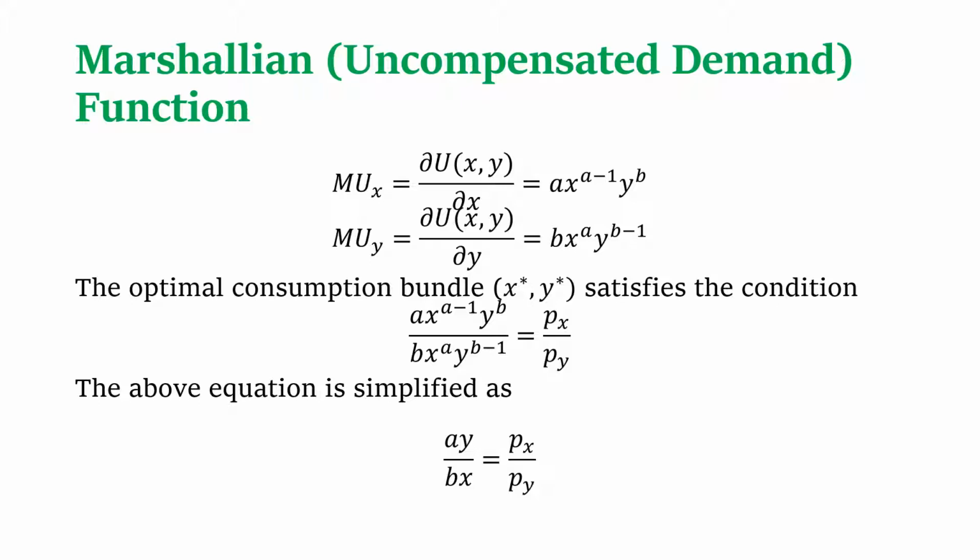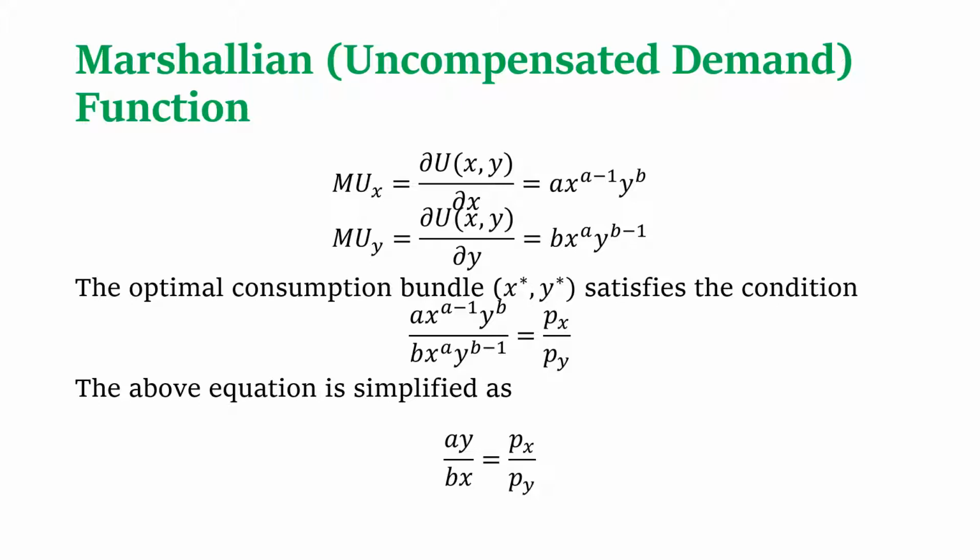Remember, in indices, a^x divided by a^y is a^(x-y). That is the rule. So we have x^(a-1-a). But a minus a just cancels, since a minus a is 0, and then we have x to the minus 1. But remember, x to the minus 1 means 1 over x. Okay. So we just have a over b here.